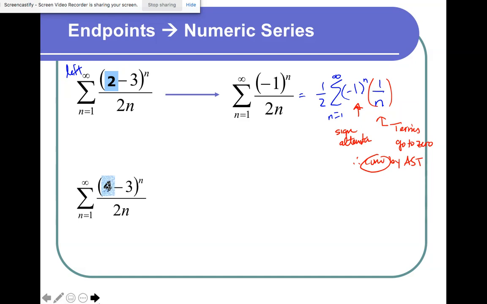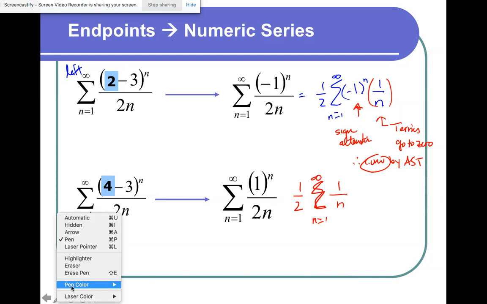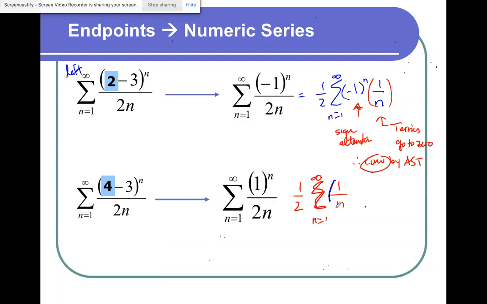Now you're going to put the right endpoint in and shake it all about. Again, you're going to osmosis the 1/2 out. 1 to the n is just 1, right? So you have 1/n. These terms do go to 0, but there is no sign alternator, so you can't use the alternating test. The nth term test for divergence is inconclusive.